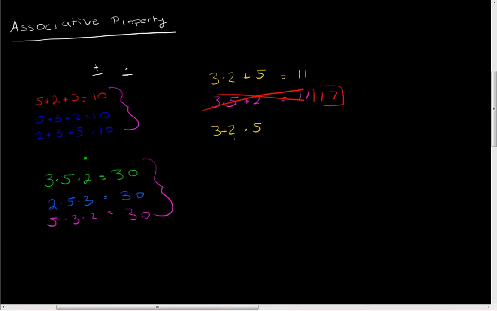Using order of operations, we know this is 10 plus 3, which will equal 13. So this is not the associative property. The associative property simply states that if you have more than one of the same associative operator in a row, the order of operations does not matter.